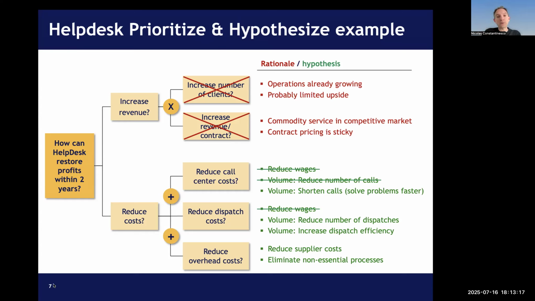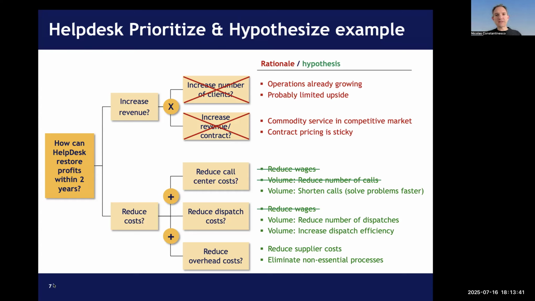So basically they're directional solutions. For example, to reduce the call center costs, one way to do that directionally would be to shorten the calls. Find some way to make the calls shorter, because then we need to spend less time on the phone, which means we pay people less and we reduce costs.